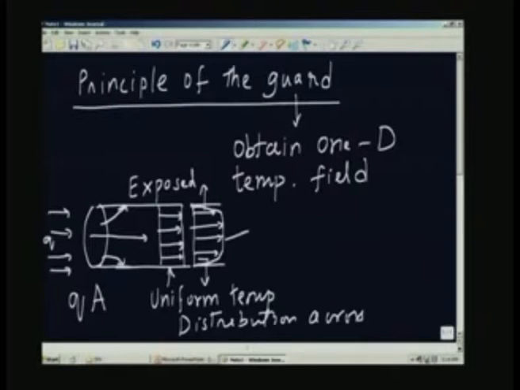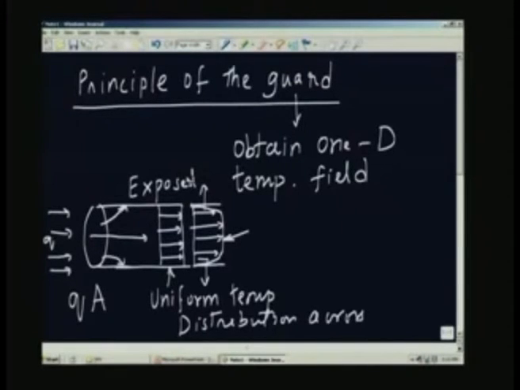However, this will not satisfy that requirement, because QA is not equal to the amount of heat transferred axially, because there is a small amount of leak in the lateral direction. So, how do we take care of this?